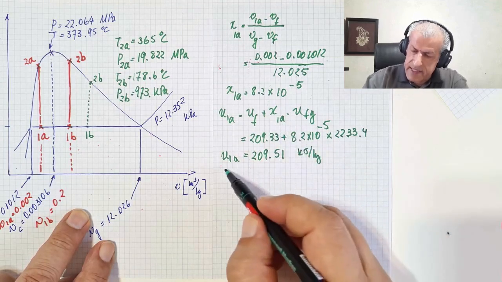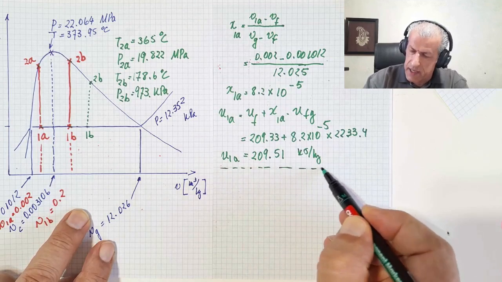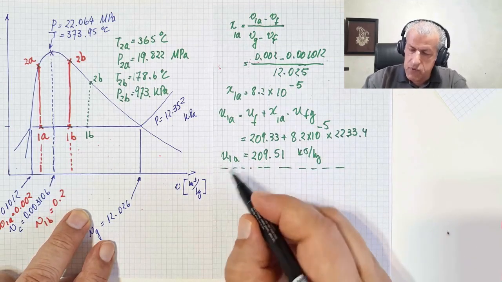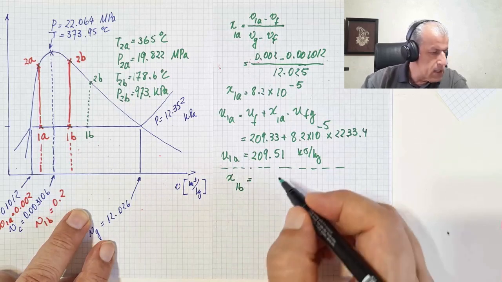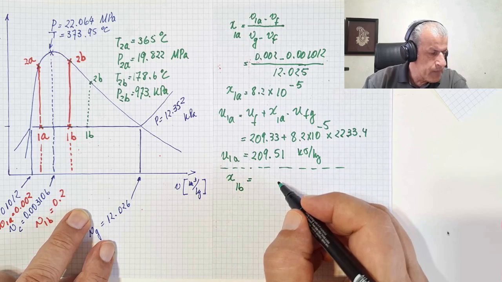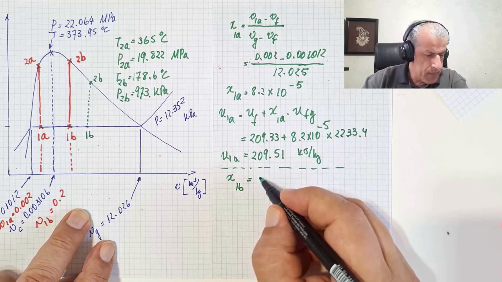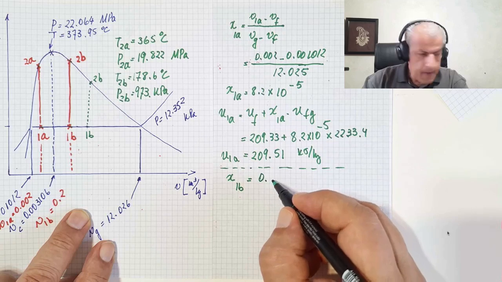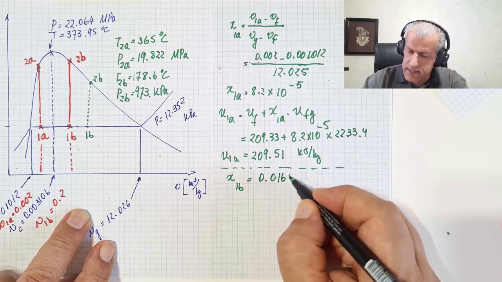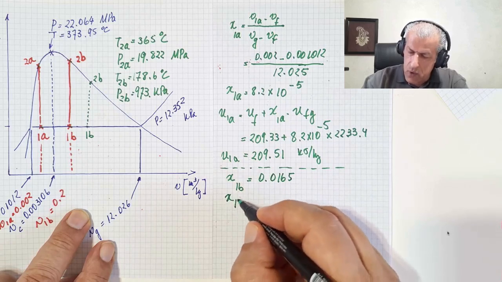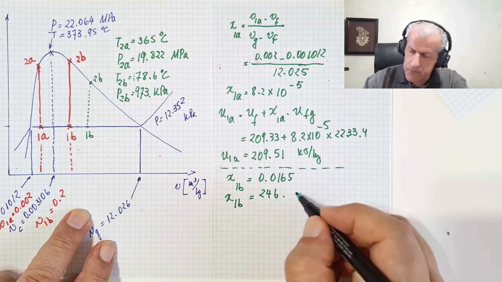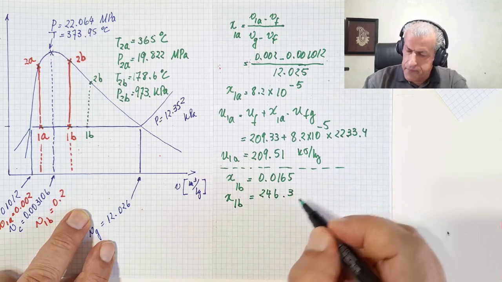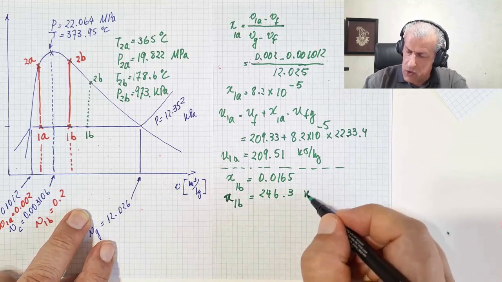In a very similar manner, and I won't repeat it here, I will just give you the results, we would calculate for point 1B, x1B would equal 0.0165, and U1B would be 246.3 kilojoule per kilogram.